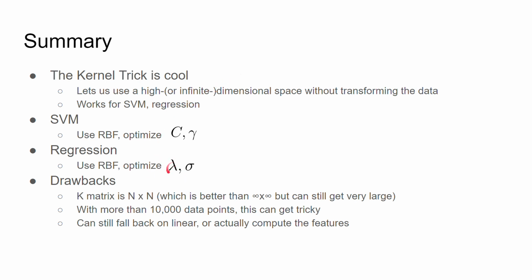Lambda being the regularization term in the regression, and gamma being 1 over 2 sigma squared. Again, they're nice and straightforward to do a parameter search for.